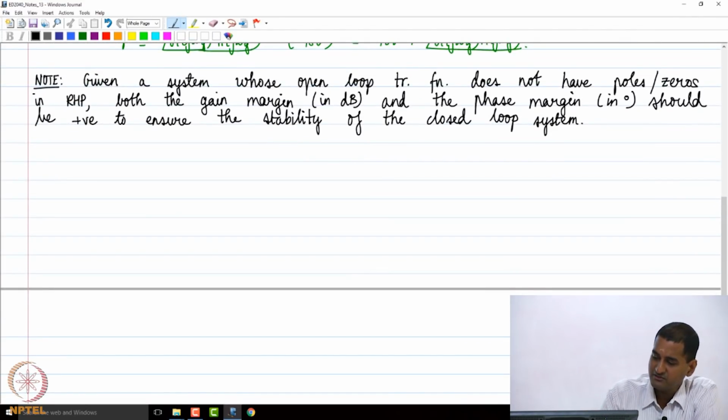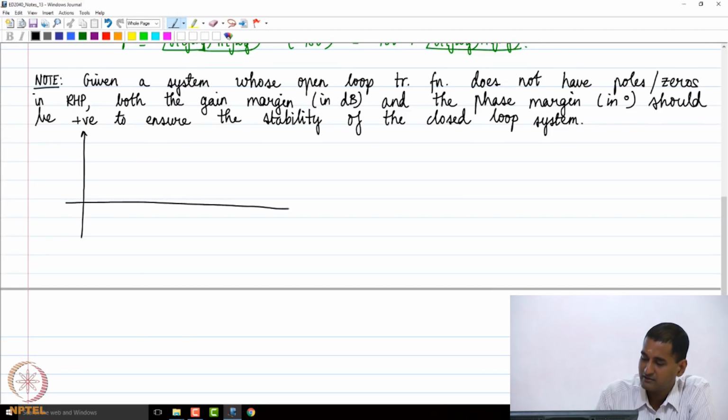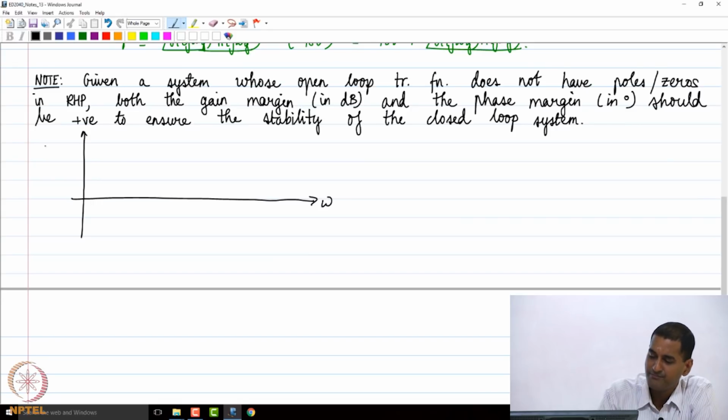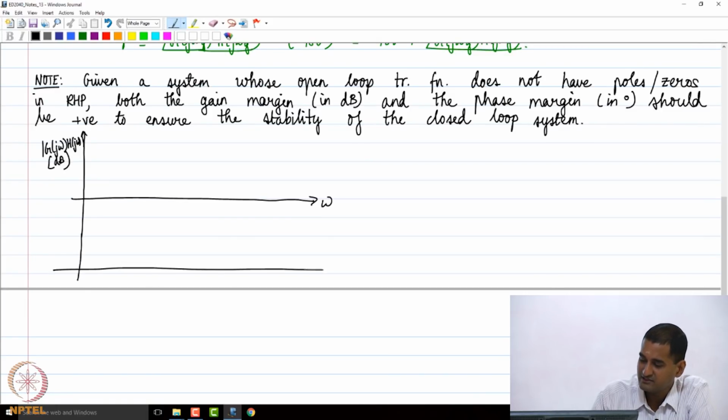Another interpretation of the gain margin and the phase margin using the Bode diagram is the following. Let us say I draw the Bode diagram of the open loop transfer function, the magnitude plot and the phase plot.